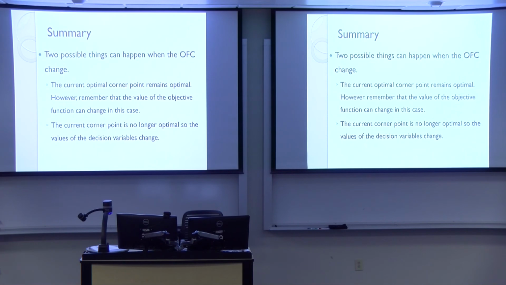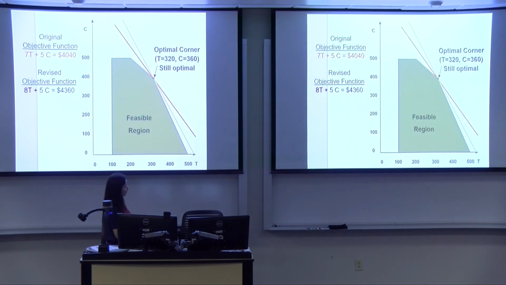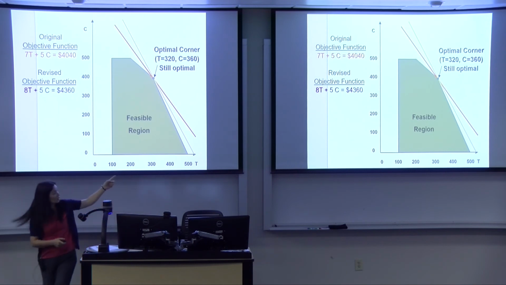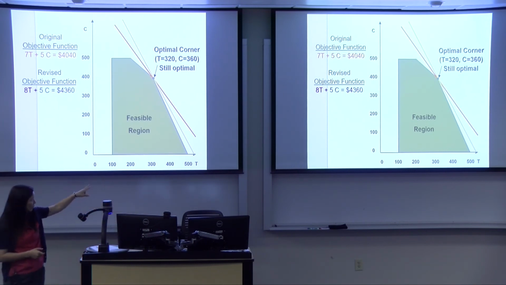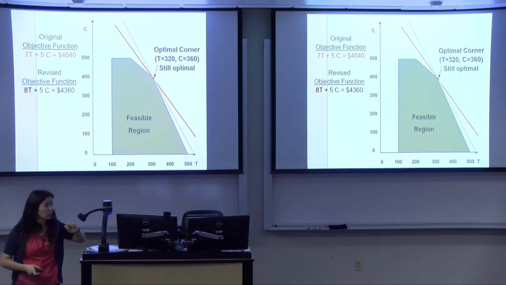So in summary, if you change the objective function coefficient, two possible things can happen. The current optimal corner point remains optimal, but even if your current optimal solution remains the same, will the objective value change? In the previous case, you change the profit margin on the table from 7 to 8.